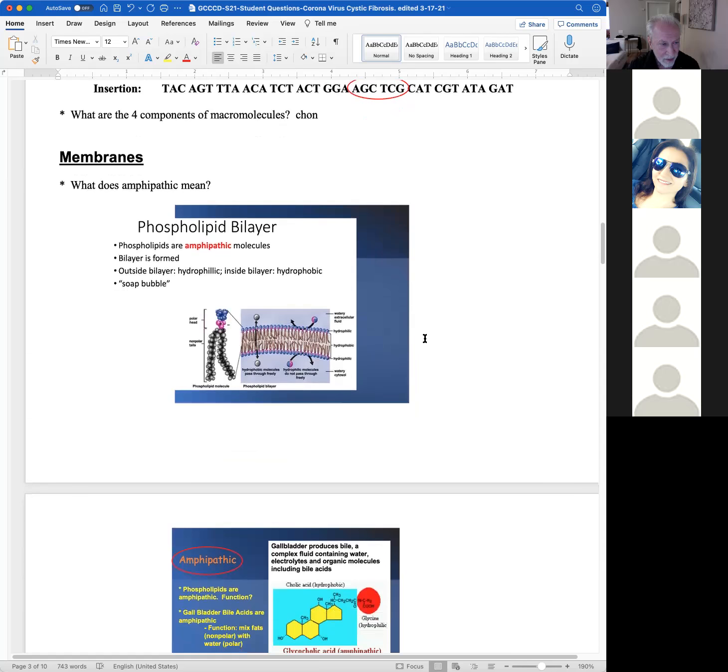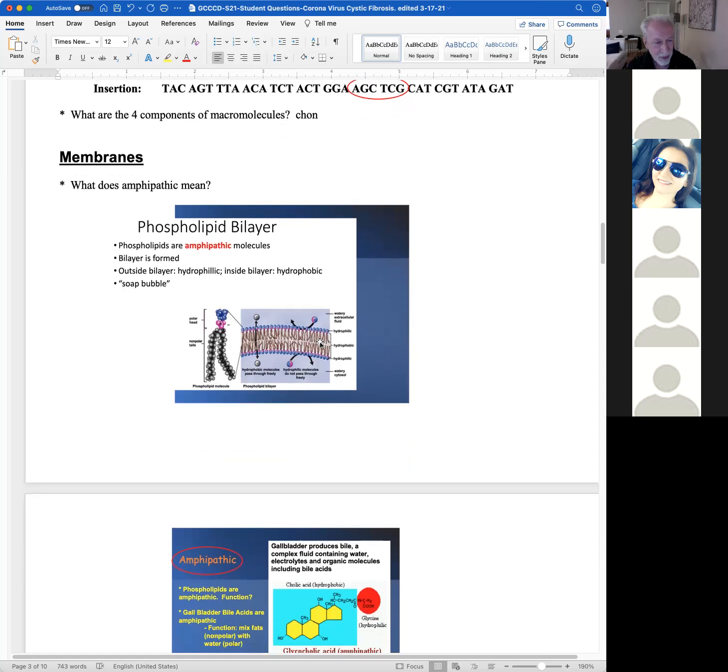One is in the phospholipid bilayer. The phospholipids are amphipathic. If you look in this little diagram, the long gray chain is a nonpolar tail, and the pink and blue other end is the polar head. And why are those necessary?